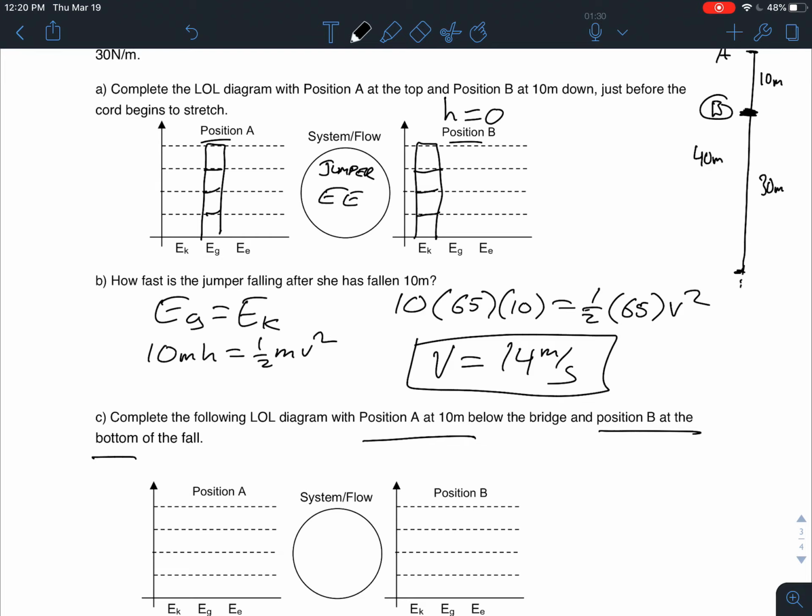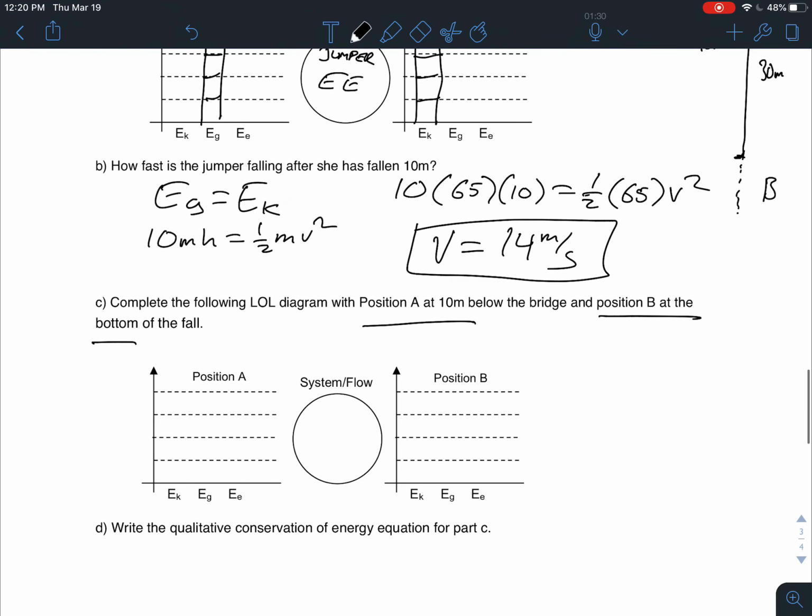But for part C, this is my new position A, and my new position B is wherever the bottom is, however far down she goes. And we don't know what that is. So we'll just imagine that the ground is not there for the purpose of making this calculation.